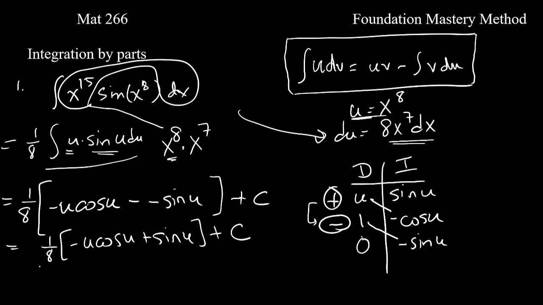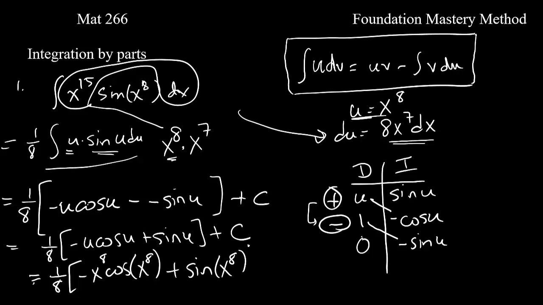And then finally, we're going to substitute back to the original variable. So we're going to replace u with x to the 8th. So we'll have minus x to the 8th cosine of x to the 8th plus sine of x to the 8th here, and then our constant of integration.